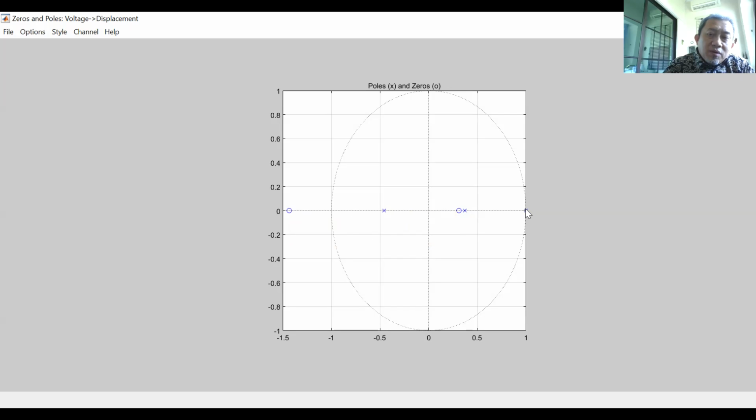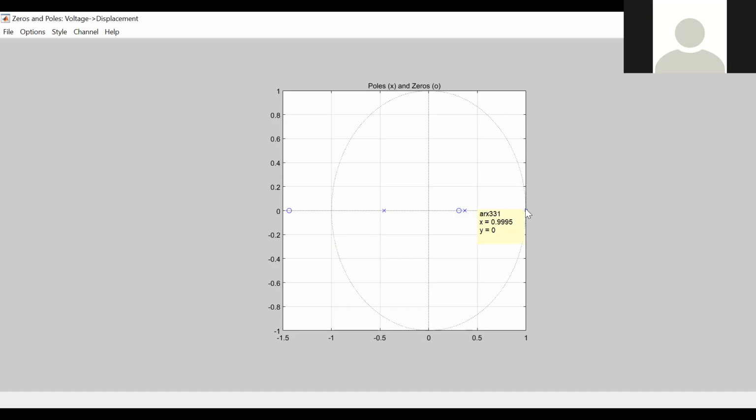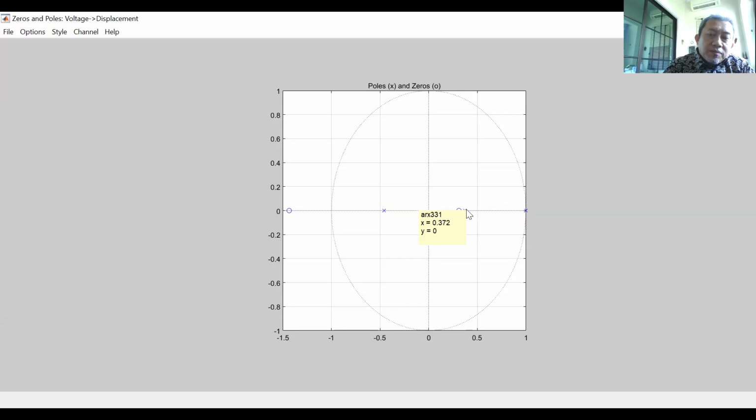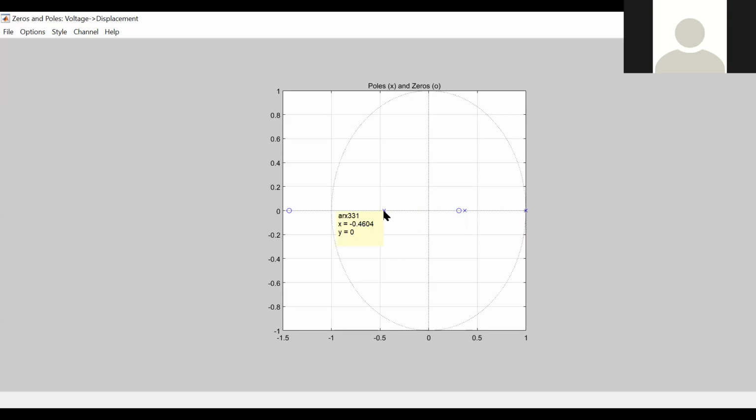The first pole is at the real positive part of real value, which is 0.9995 and 0.372, and one more at the negative part of the value, which is negative 0.46.